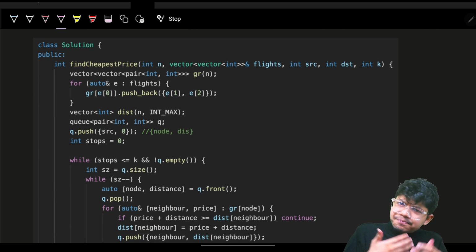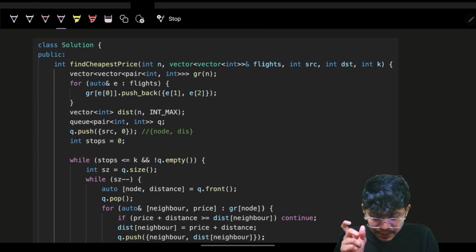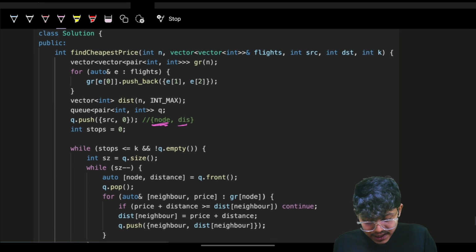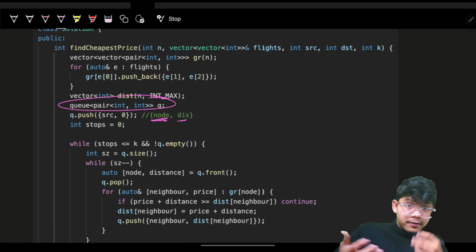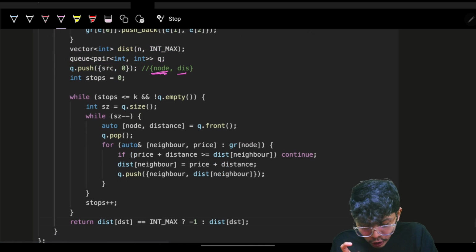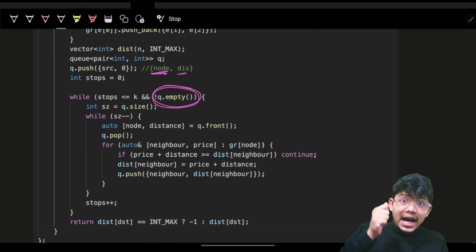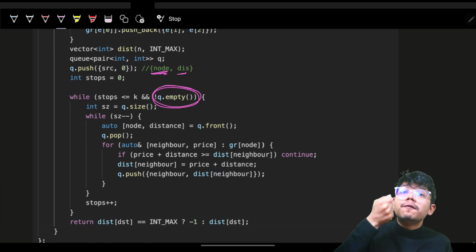Now it's a simple BFS, but we are keeping track of the node and the distance. So I'll keep track of the node and the distance, and I take a simple queue instead of a priority queue. Although in a standard BFS you only run while the queue is not empty, you have to try for all these steps and keep on minimizing until you can minimize it.